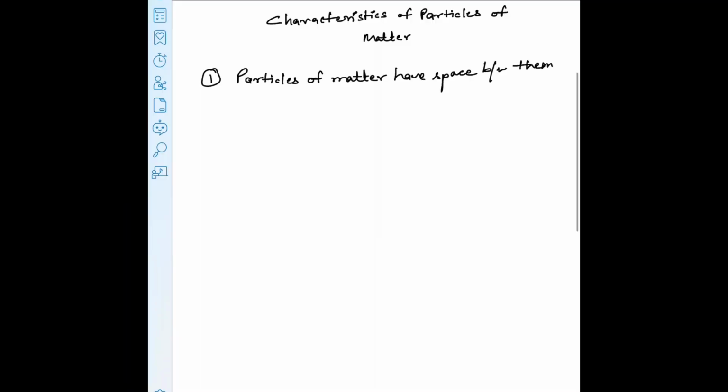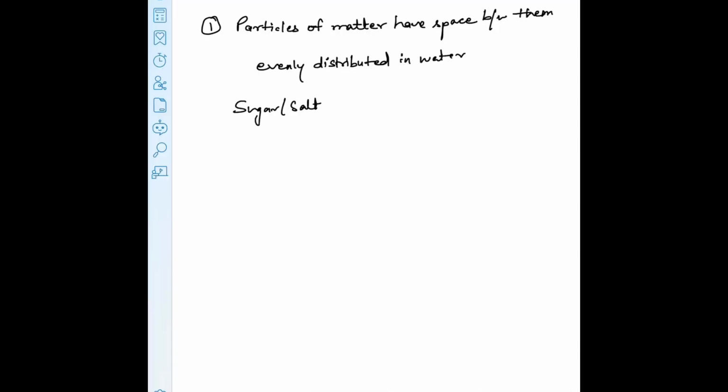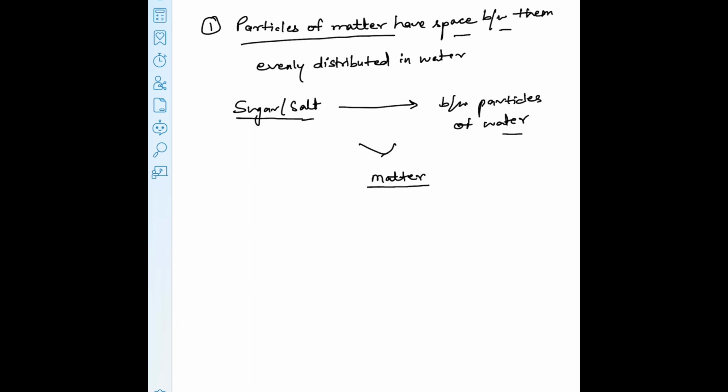We saw many examples, whether it is sugar, salt, Dettol or potassium permanganate, they all got evenly distributed in water. We can say that particles of sugar or salt get into the spaces between particles of water. So this shows that there is enough space between particles of matter.